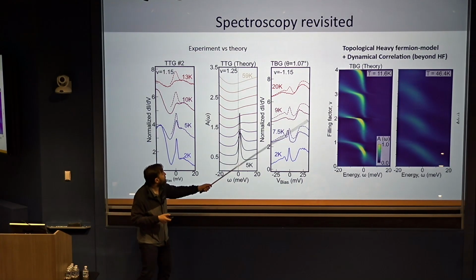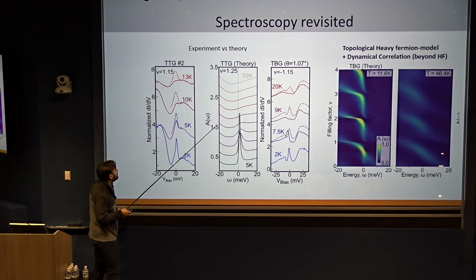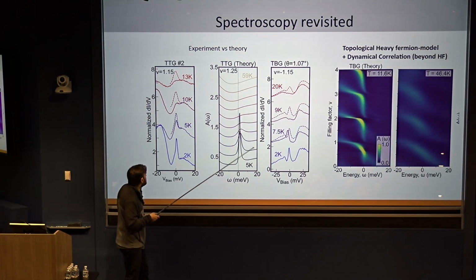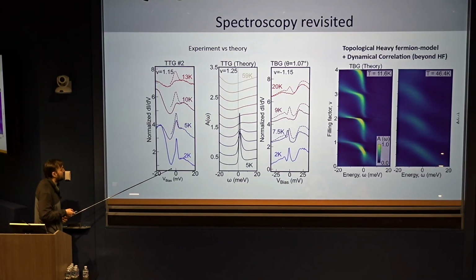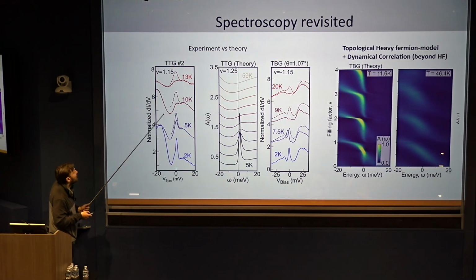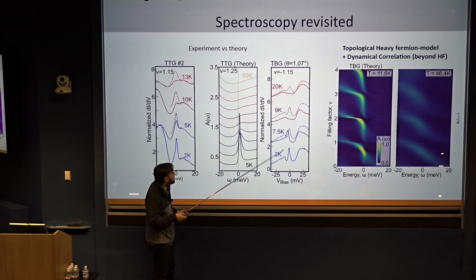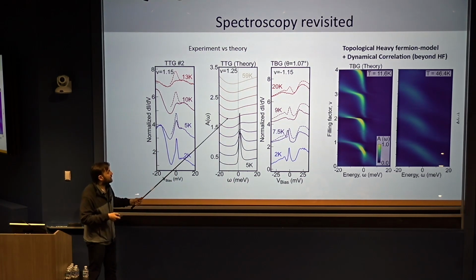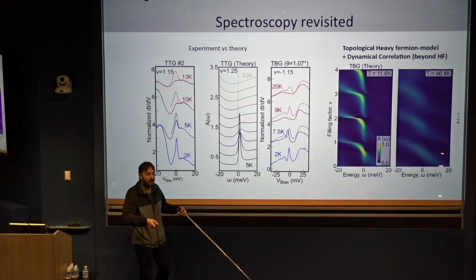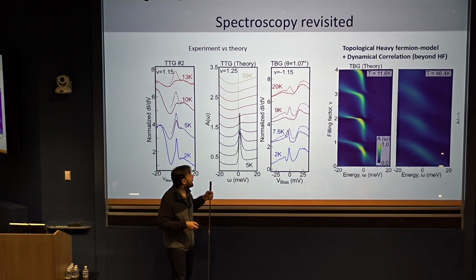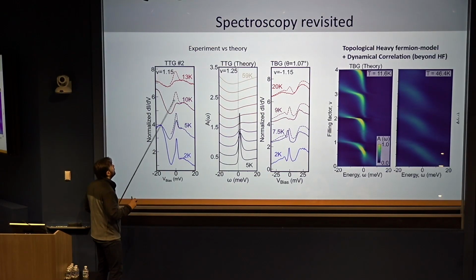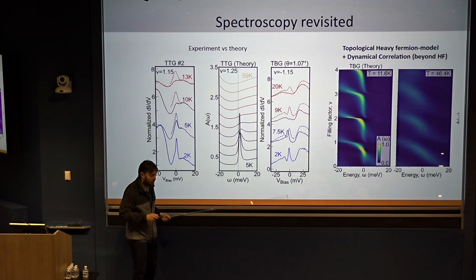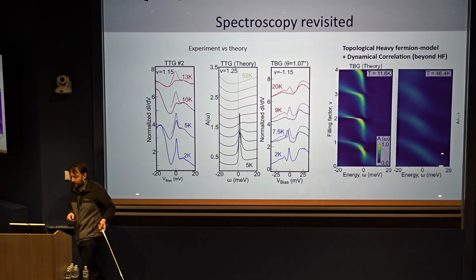This was for TBG, this is for TTG. You can study these peaks as a function of temperature. One feature which we generally find is that these peaks around 0 in general get suppressed with temperature much faster than other features. So everything gets weaker with temperature, but these particular peaks are suppressed quicker.